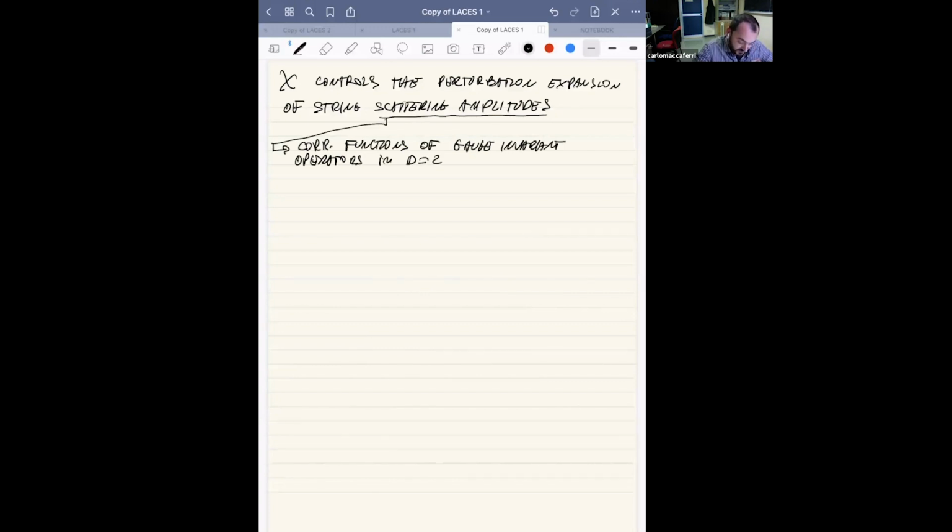Therefore, this sentence means that chi controls the structure of these correlation functions. And to see explicitly what I mean, I have to anticipate a little bit on these gauge invariant operators.